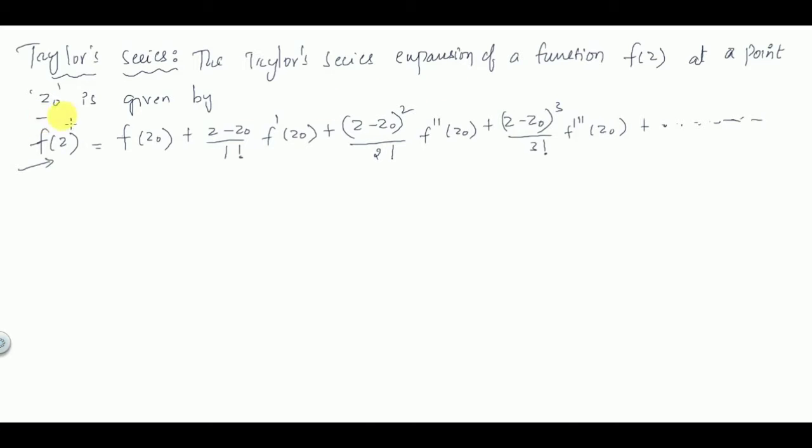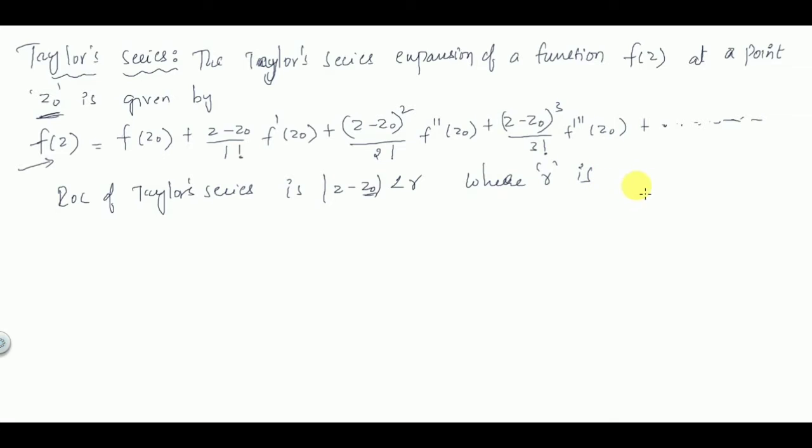So at a point z is equal to z0, very important point, the ROC of Taylor's series is modulus of z minus z0 is less than r. So z0 we know, z0 is the point at which we are finding the Taylor series.